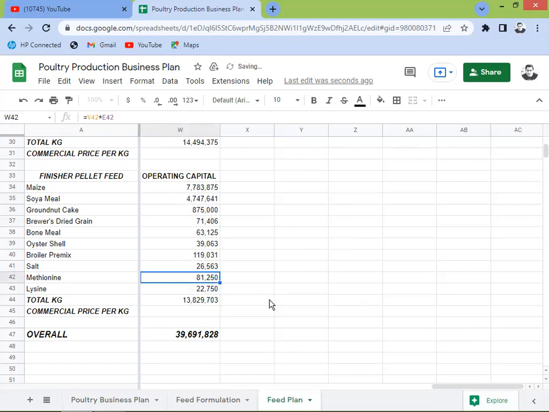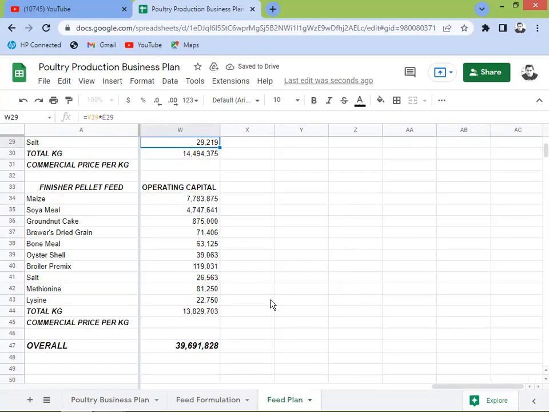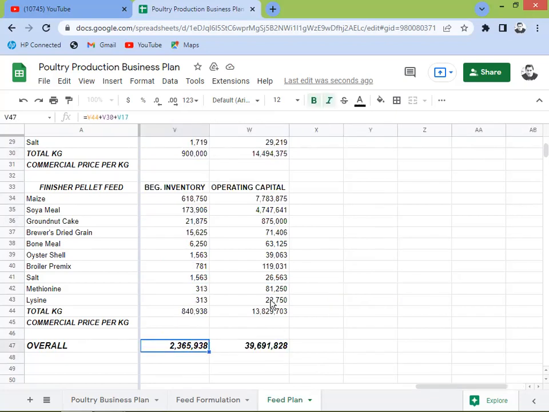Okay, we need 13 million, a little bit lower compared to the grower. Okay, the total requirement that we're going to have is 39,691,828 money-wise, the budget that we need for the first quarter.